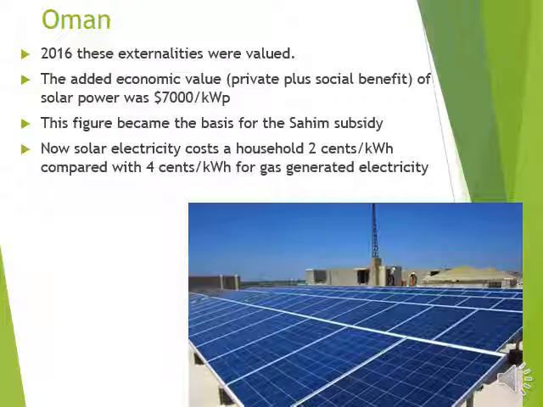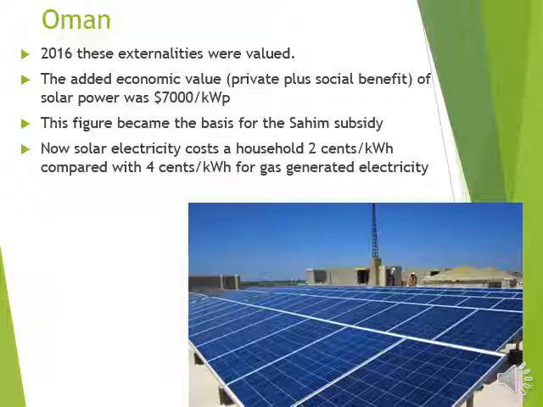Now, initially, houses were buying electricity from the grid, from gas-generated electricity, for 4 cents per kilowatt hour. Very cheap. And so they said, why would we ever build solar panels? Because it would cost us 20 cents per kilowatt hour. Way too much.